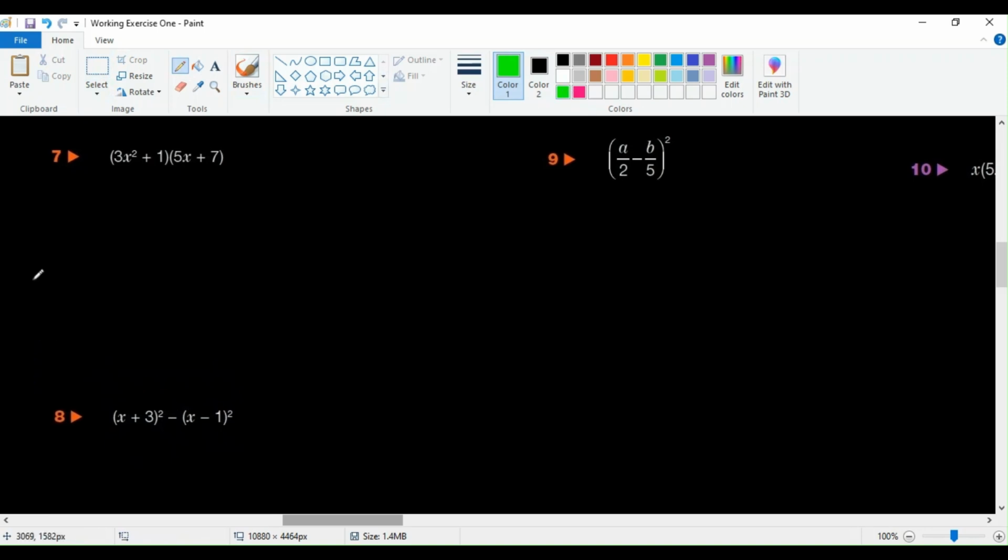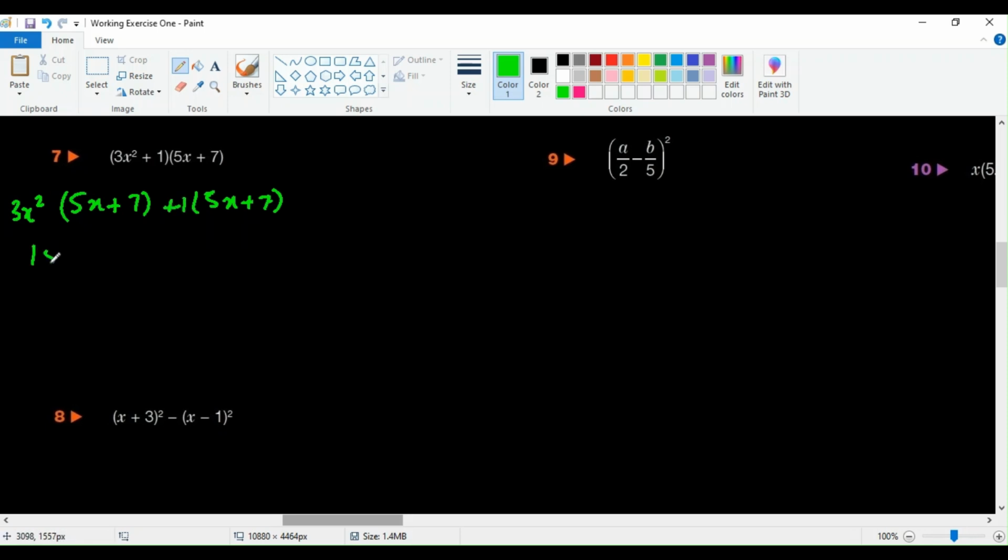Now this is going to be 5x plus 7. Two different times I will write, and I will multiply first by 3x squared and then plus 1.